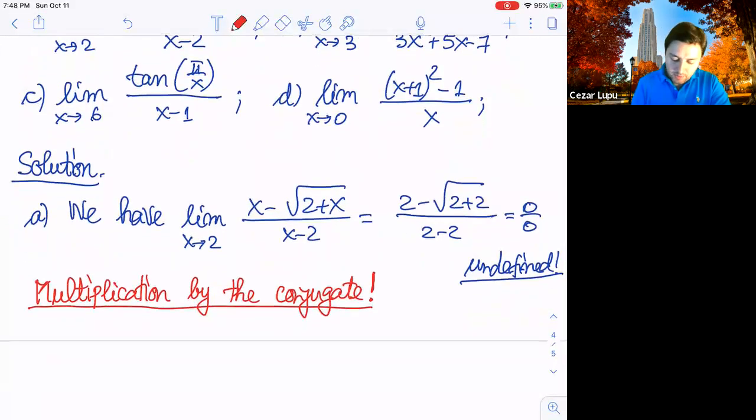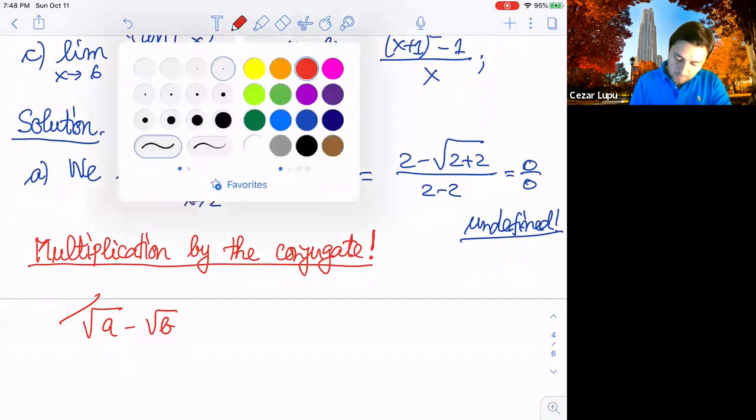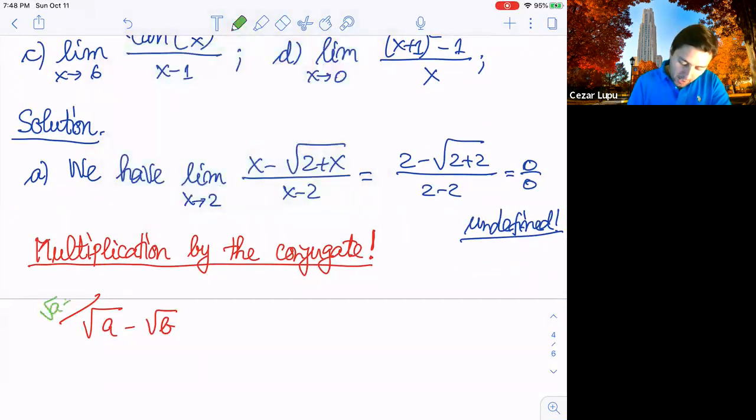Multiplication by the conjugate, what does it mean? So if I have, let's say, the square root of a minus the square root of b, what I'm doing here is multiplying by the conjugate, which is, okay, let me write with a different color, the square root of a plus the square root of b, so that's the conjugate.